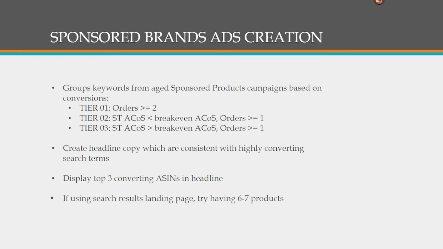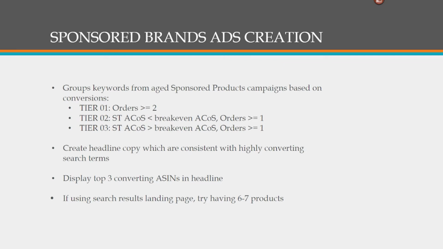But sponsored brands ads, usually we create these after we've had sponsored products campaigns running for a certain period of time. So the quick and easy way to create sponsored brands campaigns is this: because sponsored brands campaigns don't have ad groups in them, we pretty much have to treat the campaigns as if they're ad groups themselves.